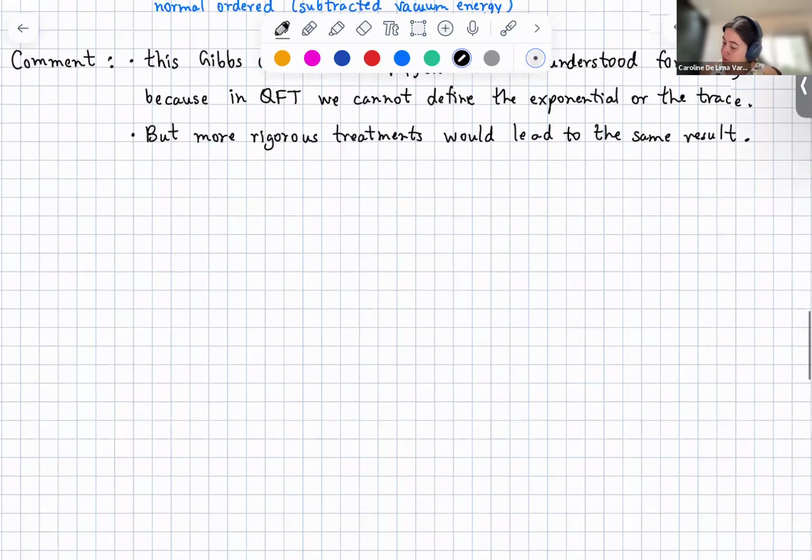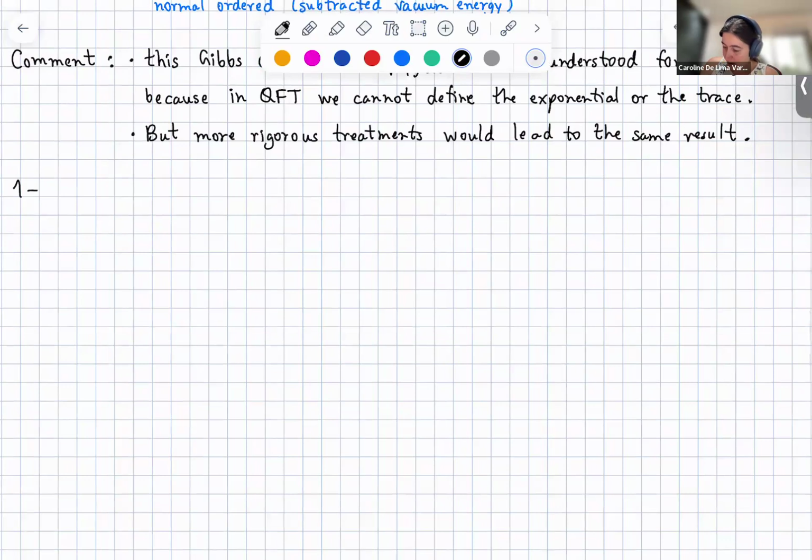So let's try to compute first the 1-point function. The 1-point function, as I introduced to you yesterday, is going to be rho of the state that I'm interested in, which is this rho, times phi of x.